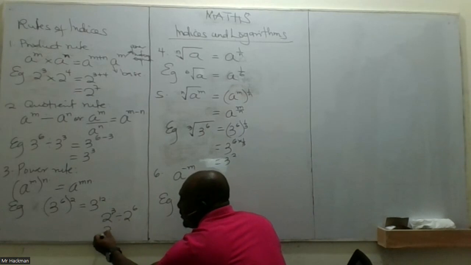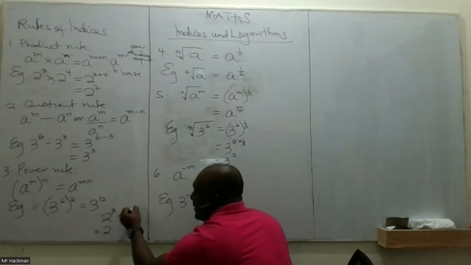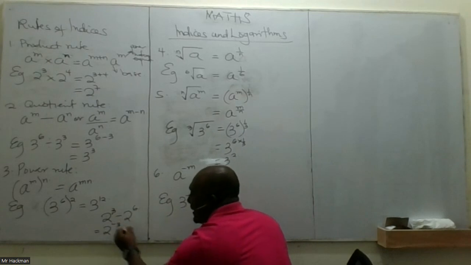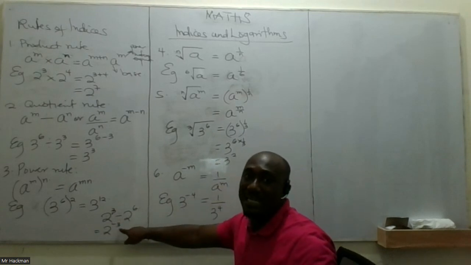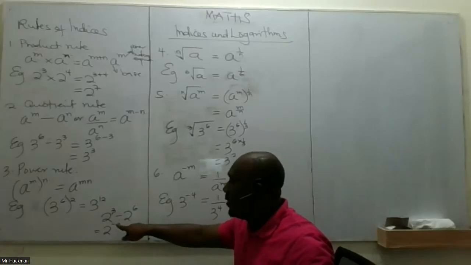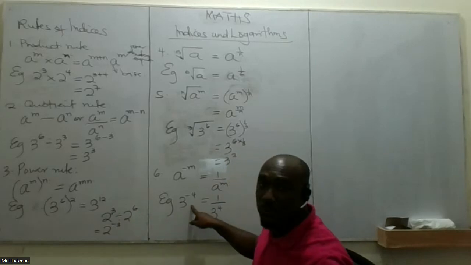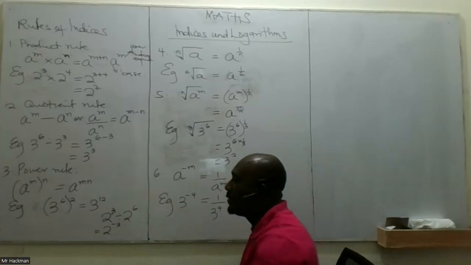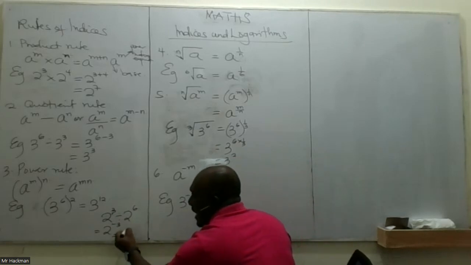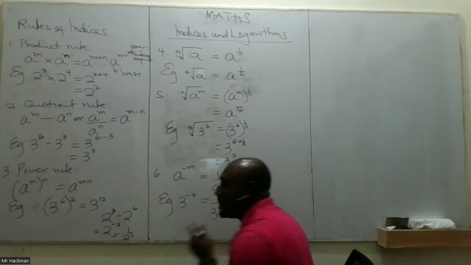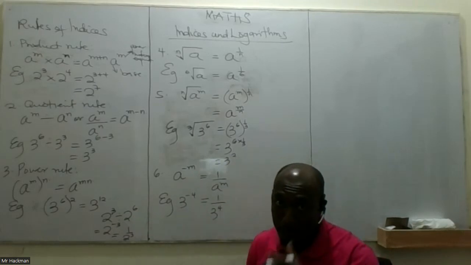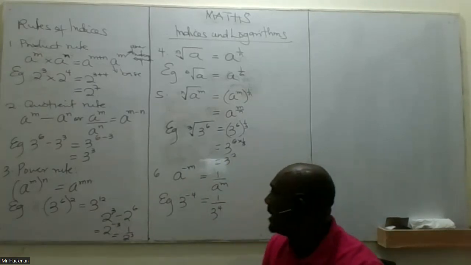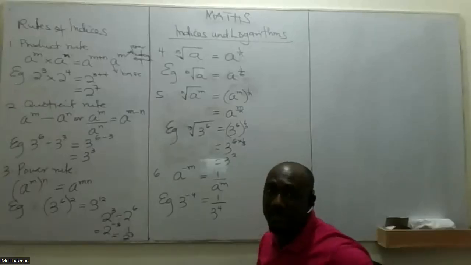I know that I need to subtract the exponents, so it will be 3 minus 6, which gives me minus 3. I can't conclude with this because I have to avoid concluding with a negative exponent. If I don't know this rule, there is no way I can avoid it. So my next step should be 1 over 2 cubed. Is my point well made? Yes, please. Okay, that will be it for rule 6.